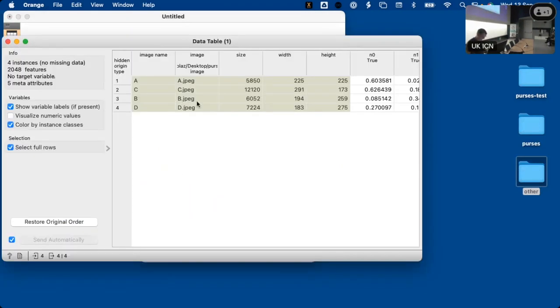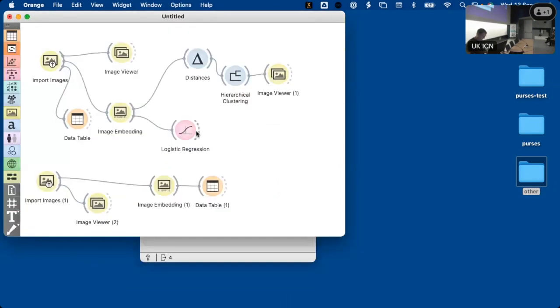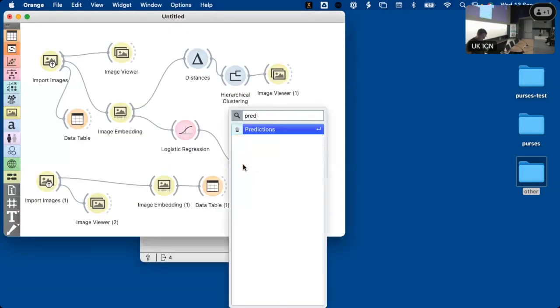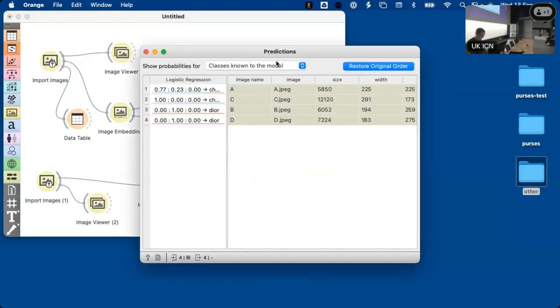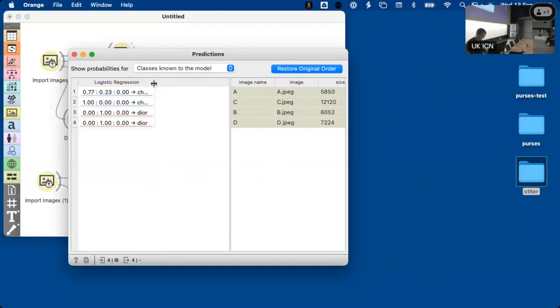I have 4 purses and the numbers are here, fine. And then I can give the model and the data to predictions here. And then I see there are 4 purses. Actually, 2 of them were predicted as Chanel and the other 2 as Dior.